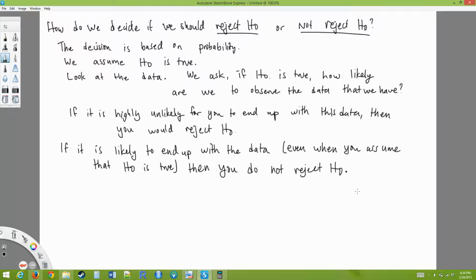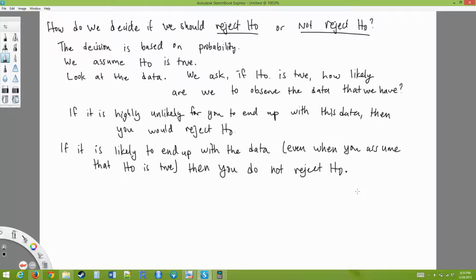So you have to balance and ask, is it quite possible for the evidence to appear if the guy was innocent? If it's quite possible, then you'd say, well, I'm not convinced that he's guilty. It doesn't prove his innocence, but I'm not convinced that he's guilty.